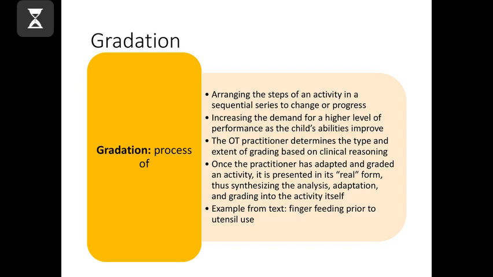So the child in the image is just learning to pick up the spoon to feed himself. The occupational therapy practitioner allows them to play with the food, but then as the individual's performance improves, the activity is going to change. Now we're going to expect that they bring the spoon to the mouth or scoop with the spoon.